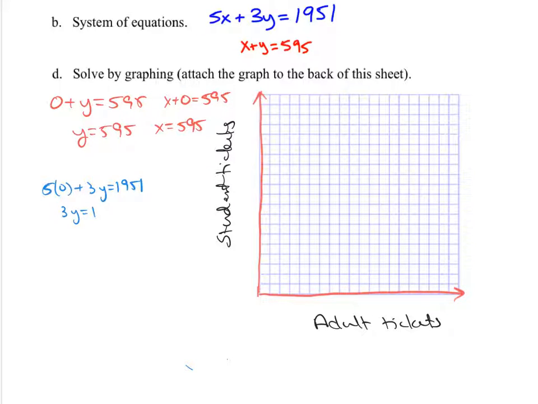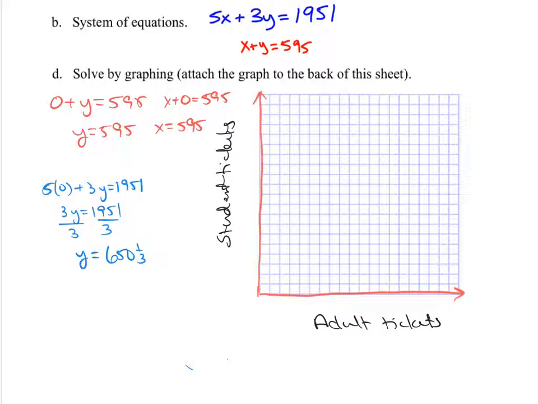So we're going to have to divide that 1,951 by 3. Having the calculator issue, sorry. And that gets me 650 and a little bit over 1/3.